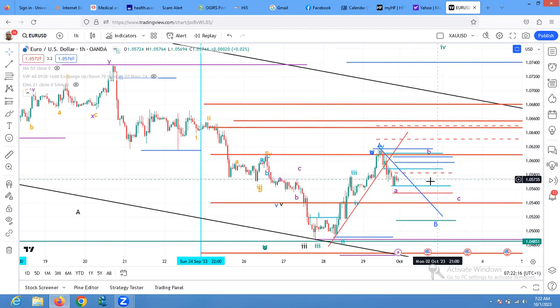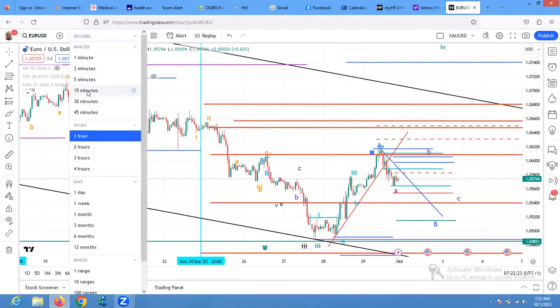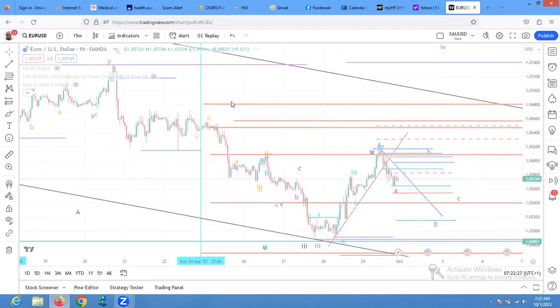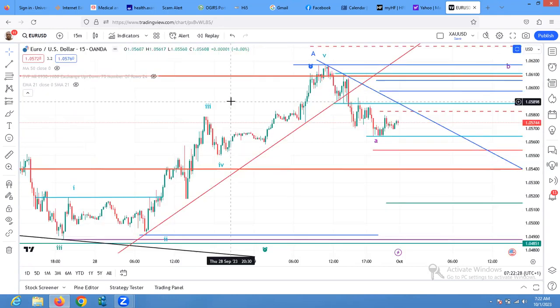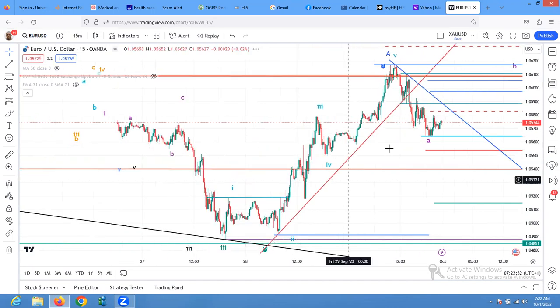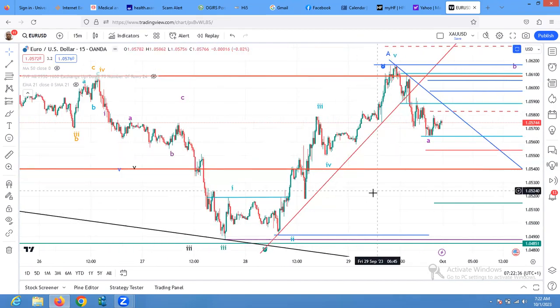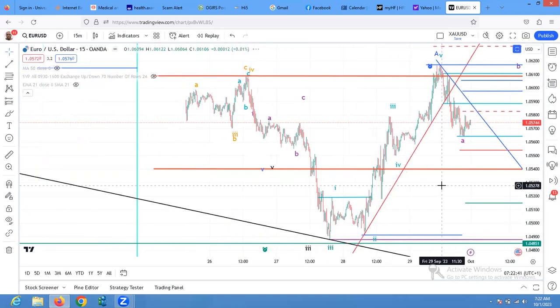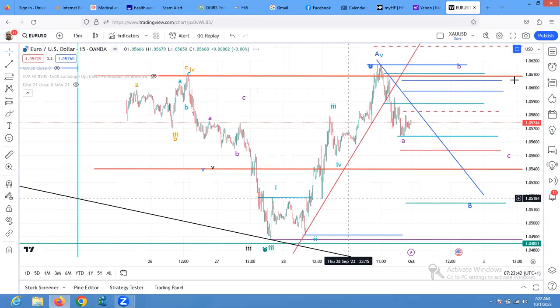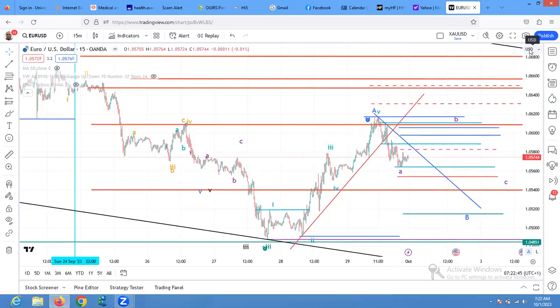Now, what are we likely to get? If we break out of here, I'm trying to go inside to expose a whole lot of stuff now. For now, how to plan your trade. This leg is done with.